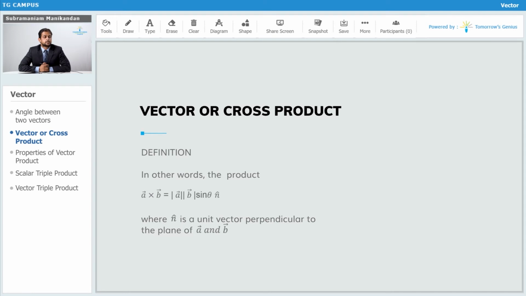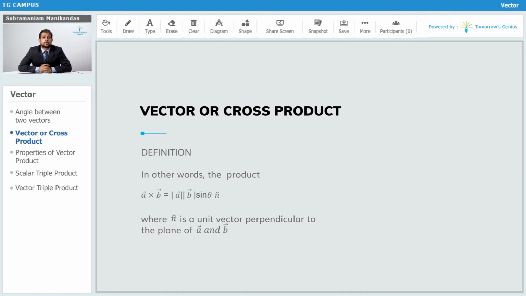N cap is a unit vector perpendicular to the plane of A bar and B bar. Why is n cap multiplied here on the right hand side? Because if you would notice, everything else is just a scalar quantity. The magnitude of A bar is a constant or a scalar quantity. Magnitude of B bar also.